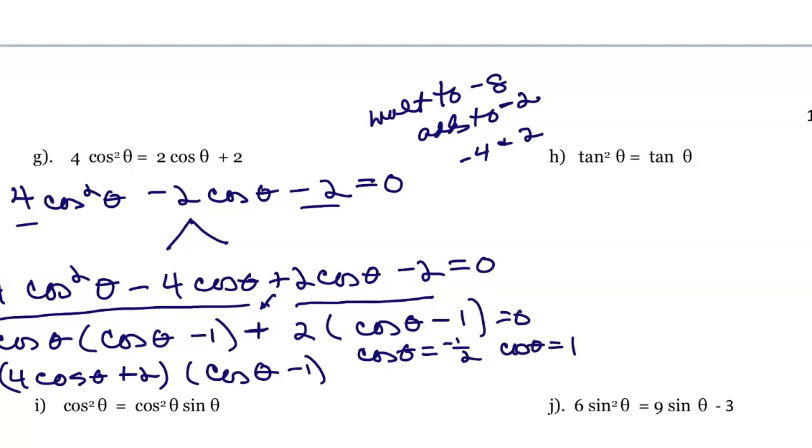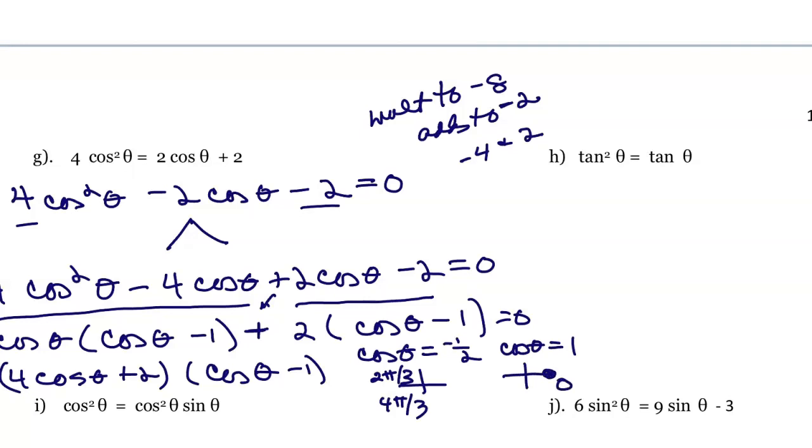So if cosine theta equals negative 1/2, that's going to be at 2 pi over 3 and also at 4 pi over 3 because cosine's negative both places. This will be a quadrantal angle. It will be the angle 0 radians.